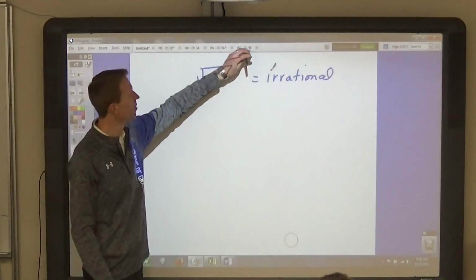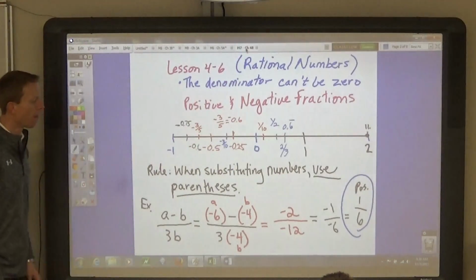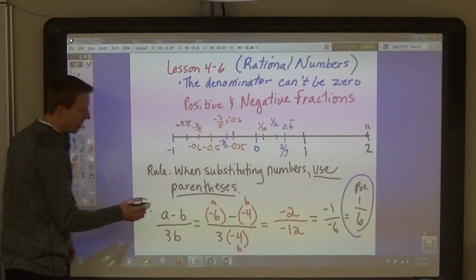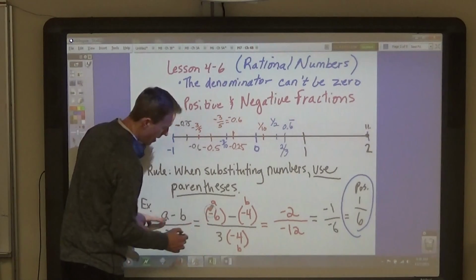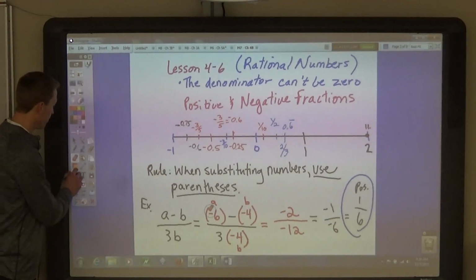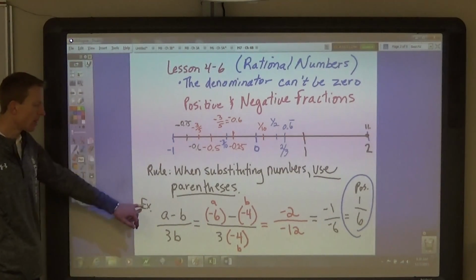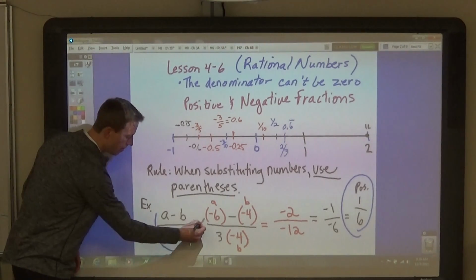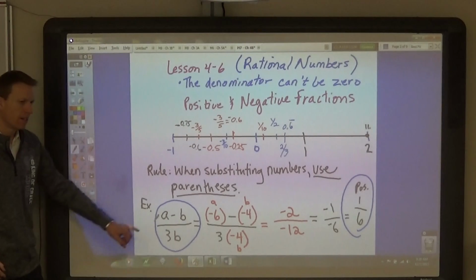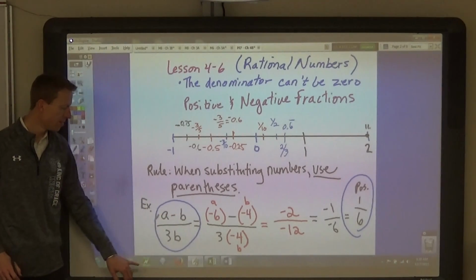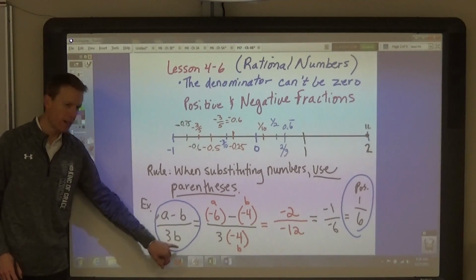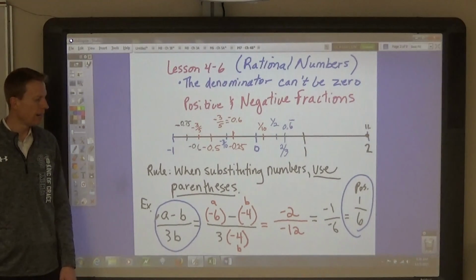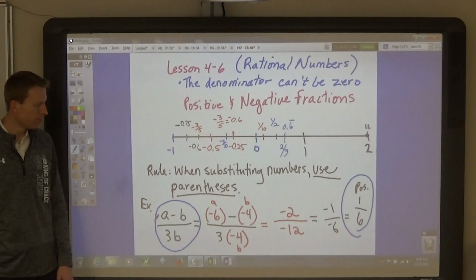Let's go back to rational numbers now. We're going to talk about substituting numbers into a fraction form. So that's what this example is about. Let's say that you're starting with this: A minus B over 3B.